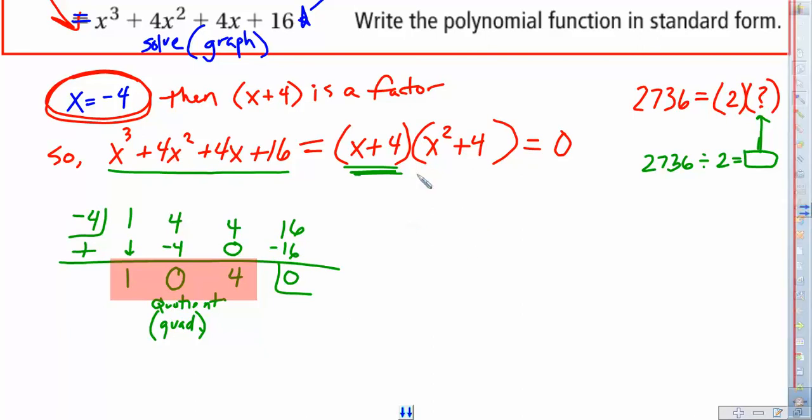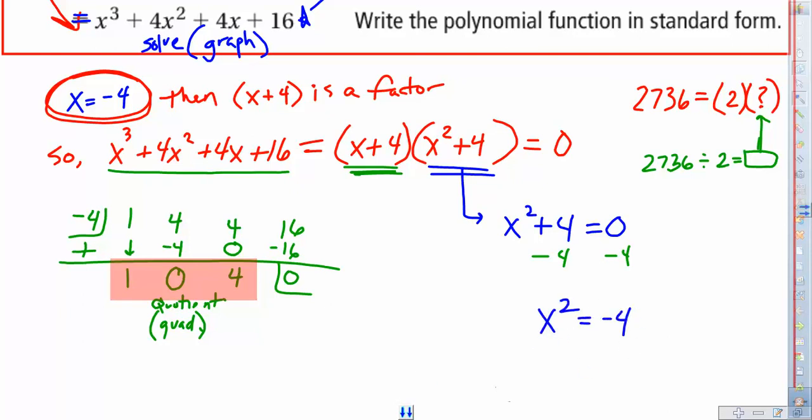We could find that one pretty easy by looking at this guy right here and just saying to ourselves the same thing that we did when we were dealing with quadratics. x plus 4 times x squared plus 4 would be equal to 0. So wouldn't this be a true statement? x plus 4 could be equal to 0, and then we could solve that quadratic by subtracting 4 from both sides. And then x squared equals negative 4. We would then take the square root of both sides.